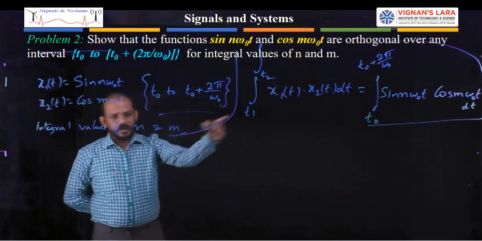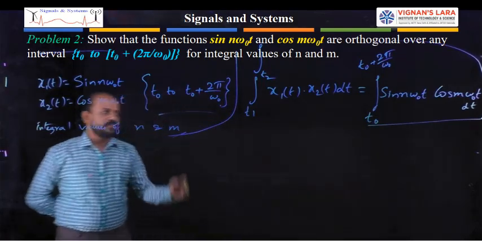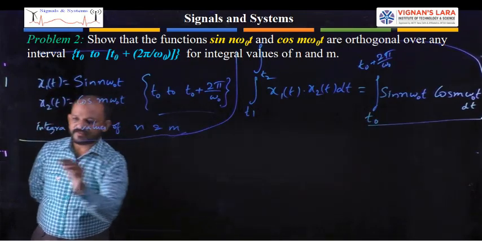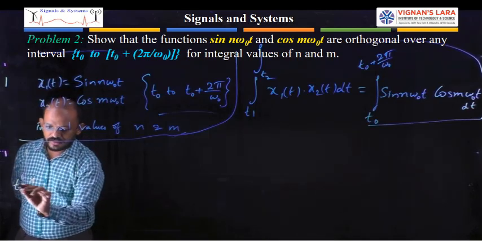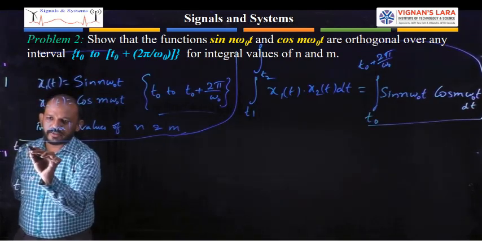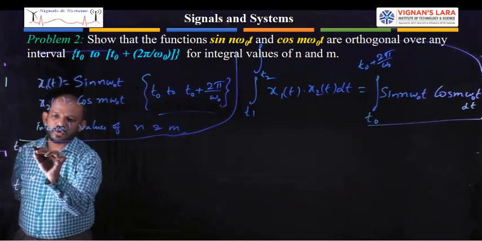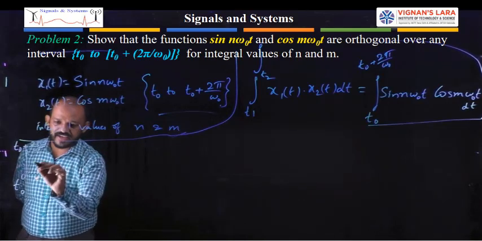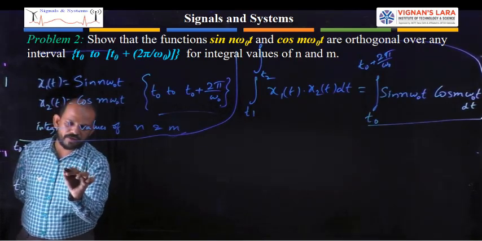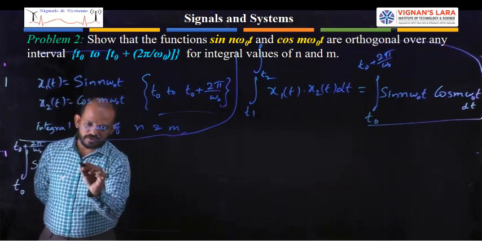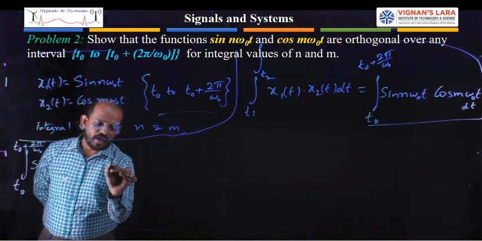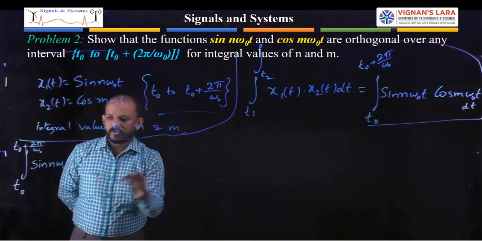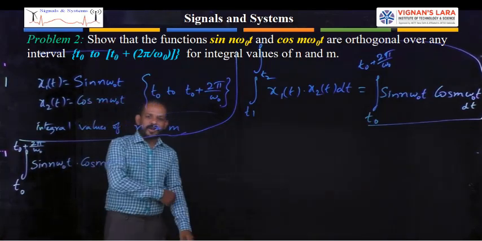I am writing that again here for your clarification. I have to find the value of the integral from t naught to t naught plus 2 pi by omega naught of sine n omega naught t into cos m omega naught t dt.